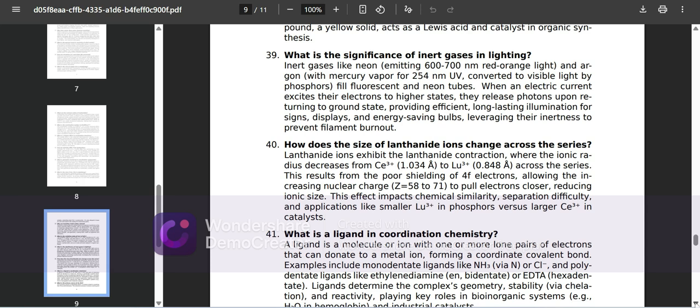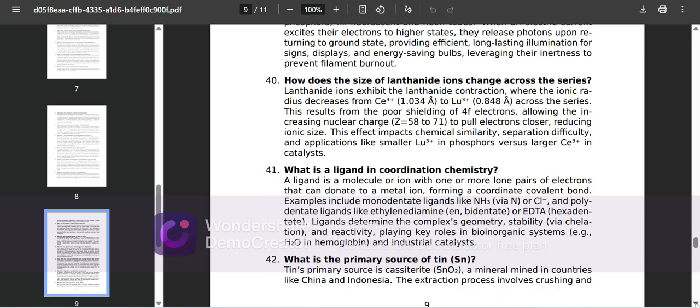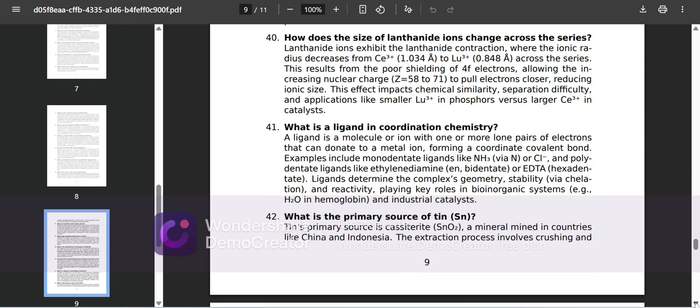When an electric current excites their electrons to higher states, they release photons upon returning to ground states, providing efficient, long-lasting illumination for sign displays and energy-saving bulbs, leveraging their inertness to prevent filament burnout.